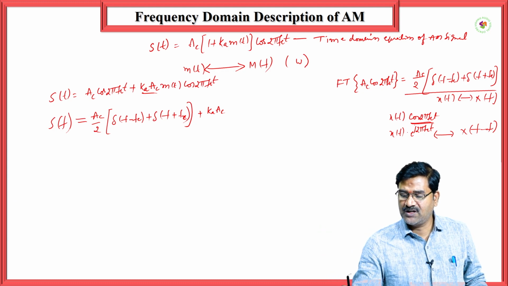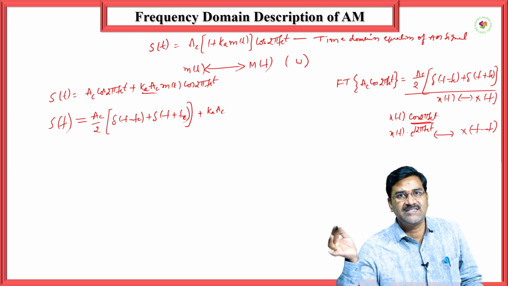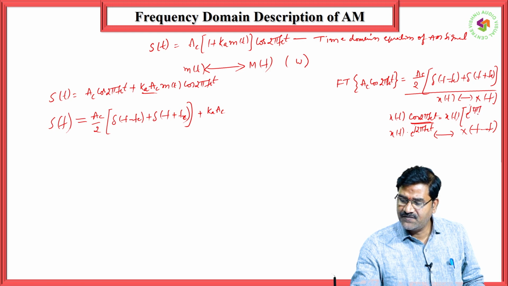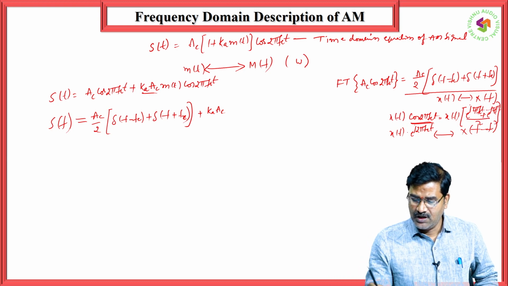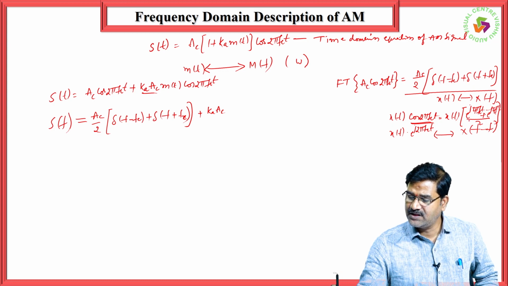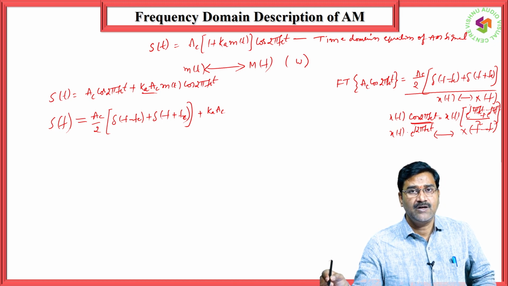So here cos will consist of two parameters, e power j 2 pi fct and e power minus j 2 pi fct, by 2. So this is nothing but x of t into e power j 2 pi fct plus e power minus j 2 pi fct, by 2, right? So x of t is multiplied with e power j 2 pi fct once and with e power minus j 2 pi fct once, right?